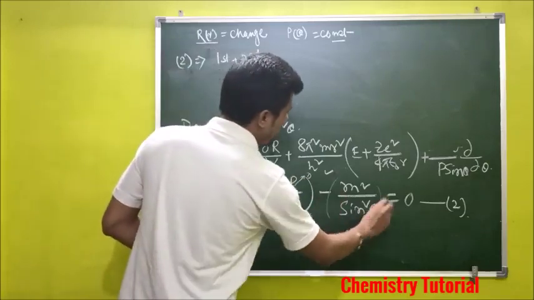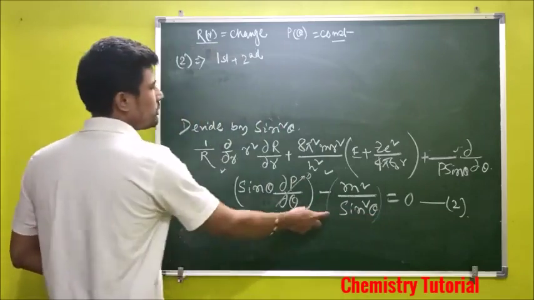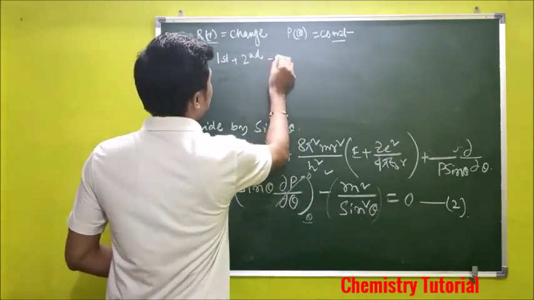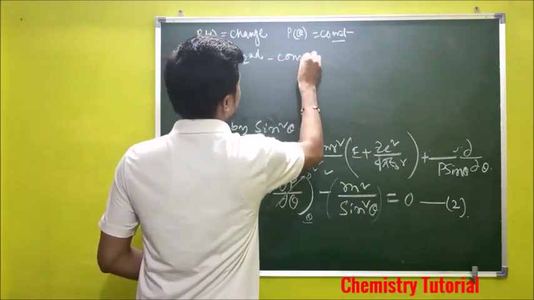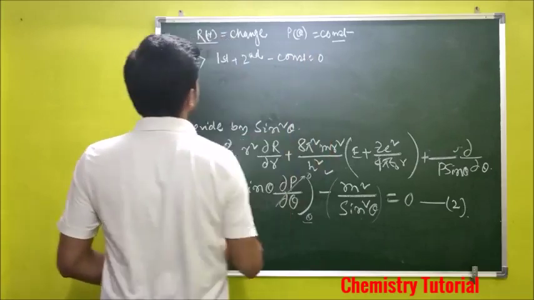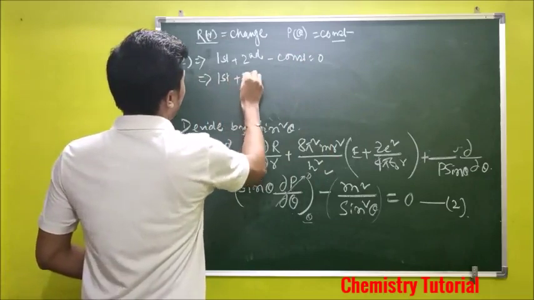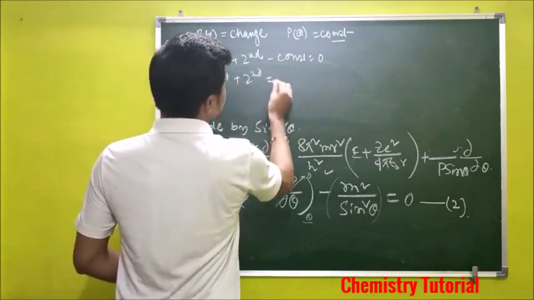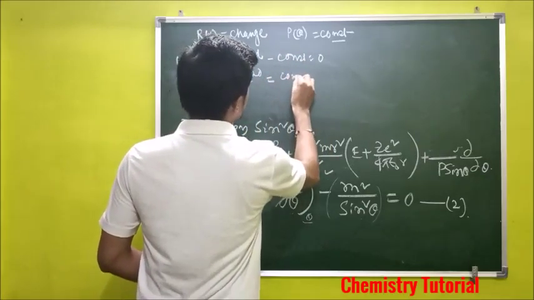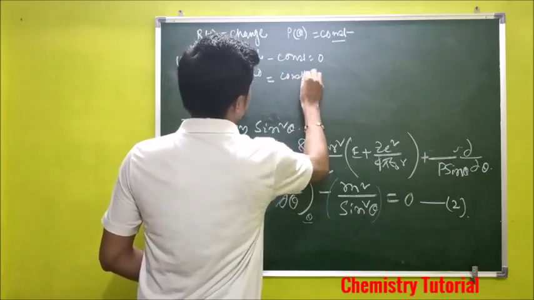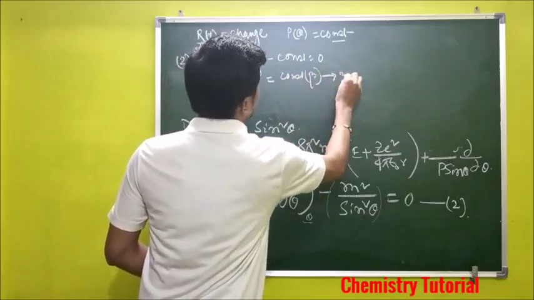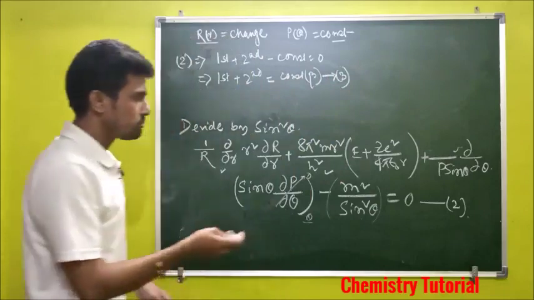And the fourth part, since theta is constant, will give you a constant value, minus constant equal to 0. So the summation of the first part and the second part is a constant value. Suppose this constant value is beta, and number it as equation number 3.